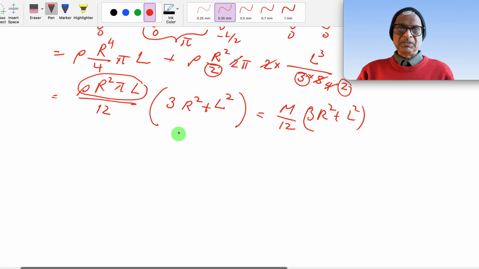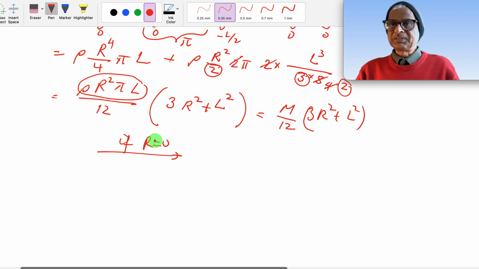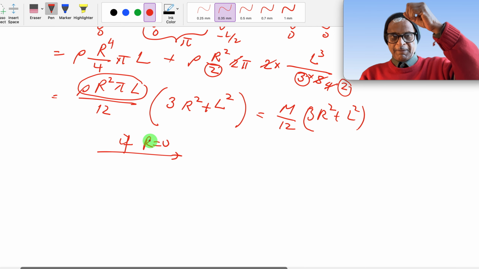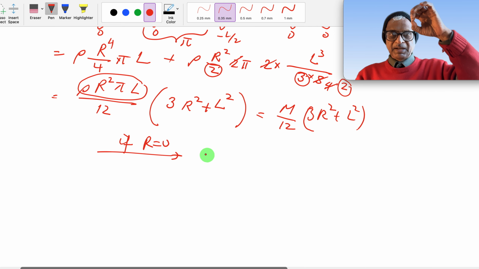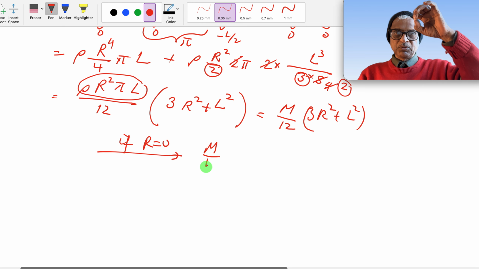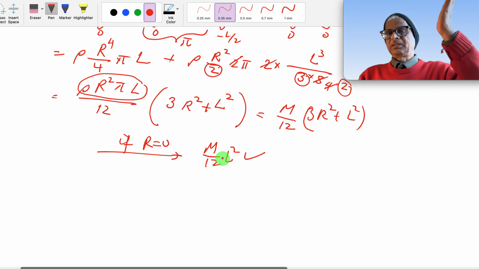So you can check: if r equals 0, you're just a thin rod, the one that we did, then you just get m over 12 L square, which is of course correct.